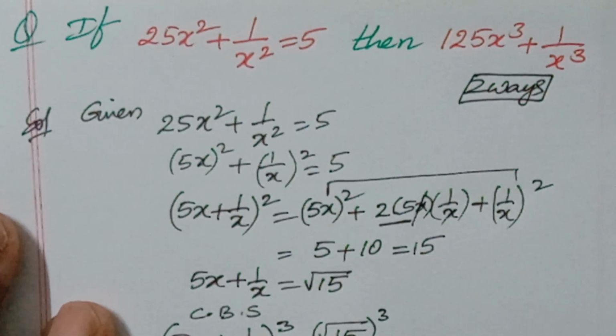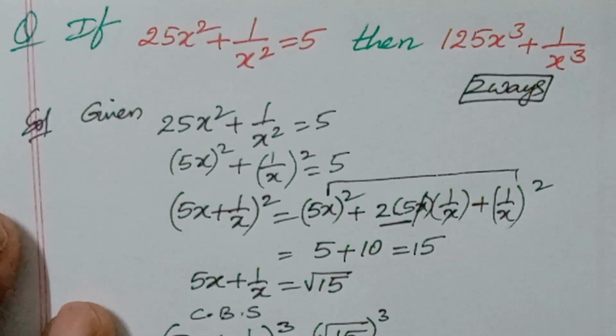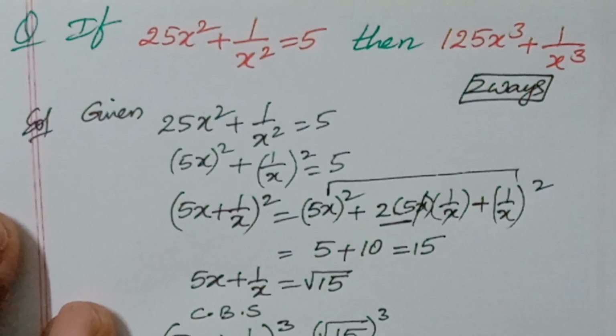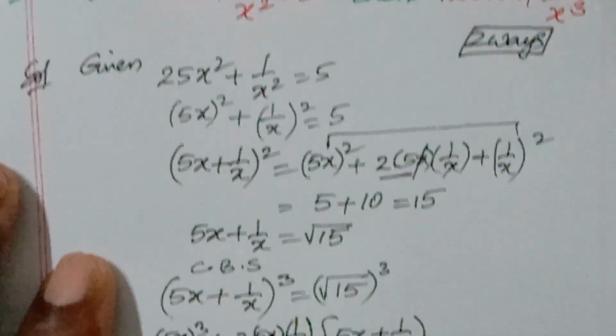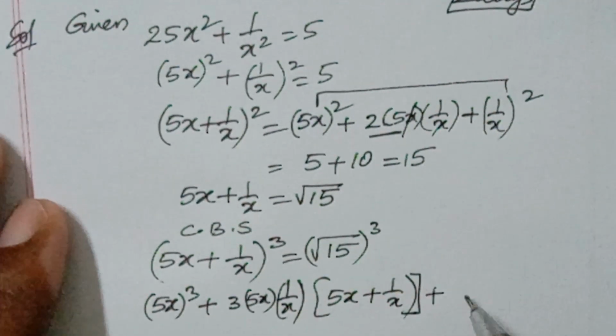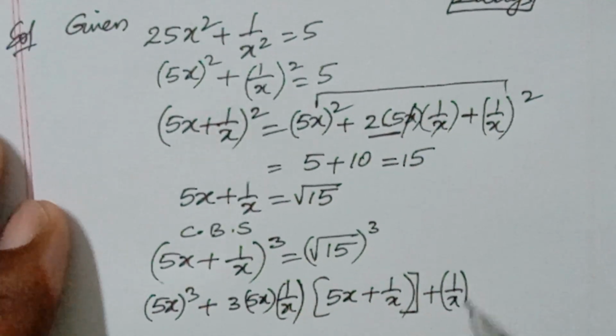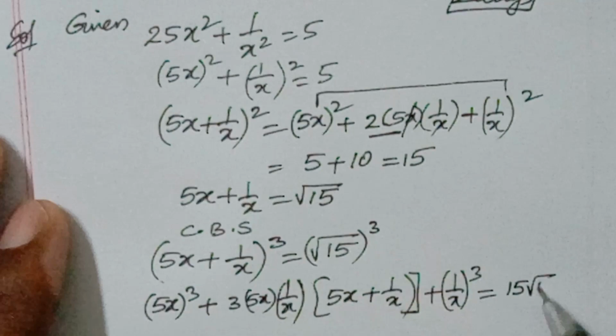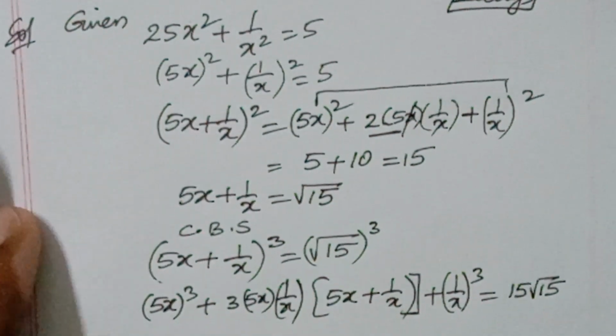So here a cube, 5x whole cube, plus 3ab of a plus b, plus b cube is equal to 15 root 15.